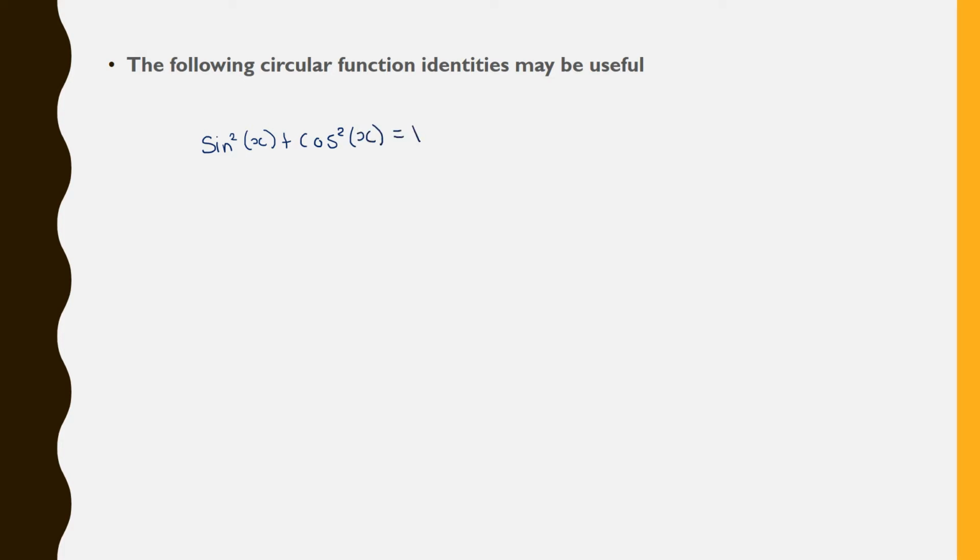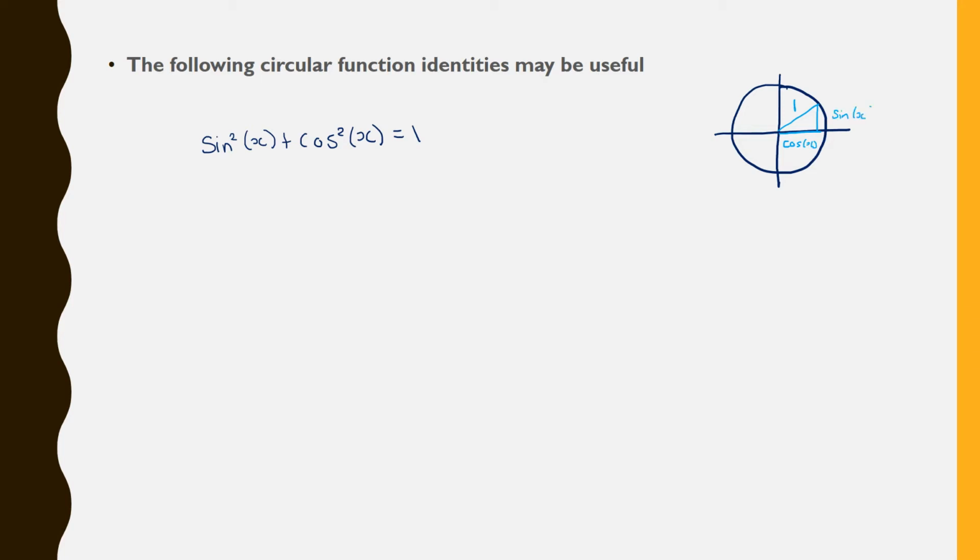Where this comes from: if we have a unit circle, which we've obviously dealt with a few times before, you hopefully remember that if we were to draw a triangle within this unit circle, the radius of our circle is 1, the x value is given by cos of x, and our y value by sine of x.